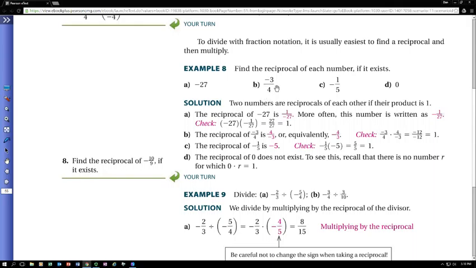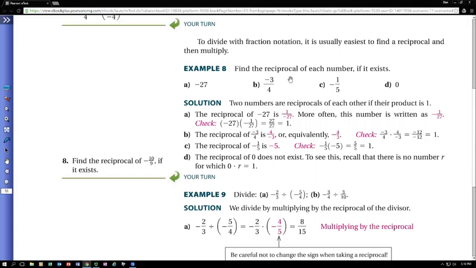Let's look at B. Negative 3 over positive 4. What's the reciprocal of that? Well, first of all, I have a negative fraction. When I get done with the multiplication times a reciprocal, it has to equal a positive 1. That's the definition of a reciprocal or multiplicative inverse.